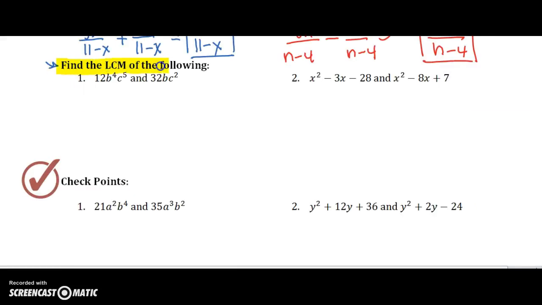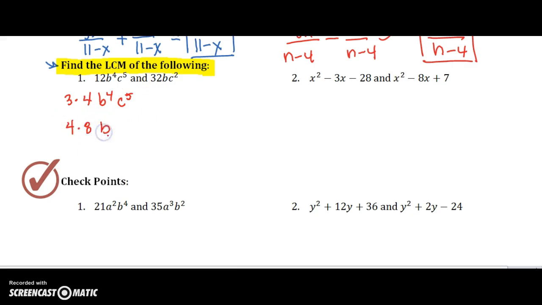Now we're ready for finding the least common multiple. So what is the least common multiple between 12b^4c^5 and 32bc^2? So 12 is 3 times 4, b to the 4th, c to the 5th. And 32 can be broken down as 4 times 8.